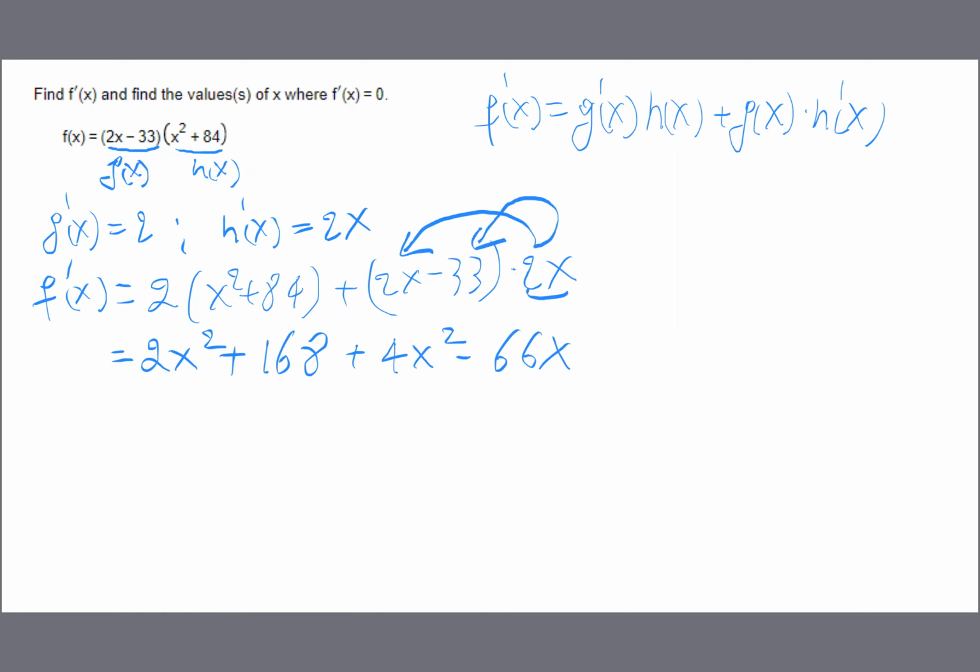Let's try to solve this by factoring. I see that 6 is a common factor, which means I can divide everything by 6 to simplify my equation. 6x squared divided by 6 is x squared, minus 66x divided by 6 is 11x, plus 168 divided by 6 is 28, equals 0.